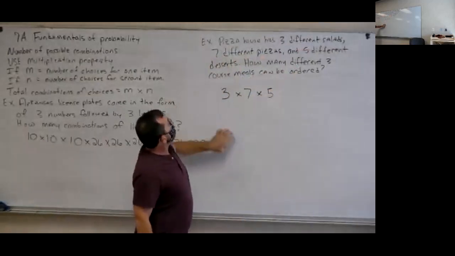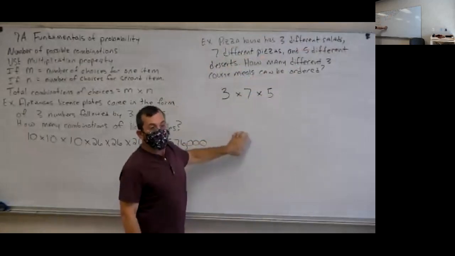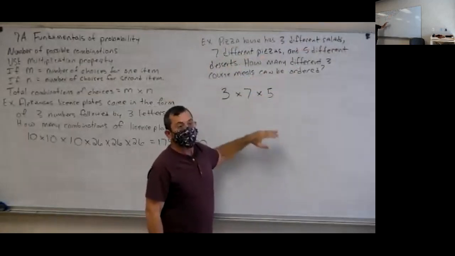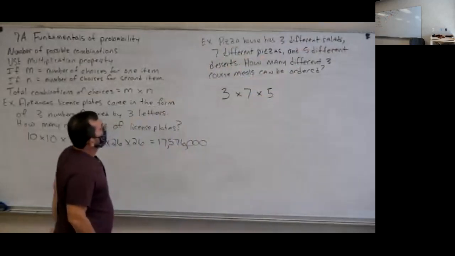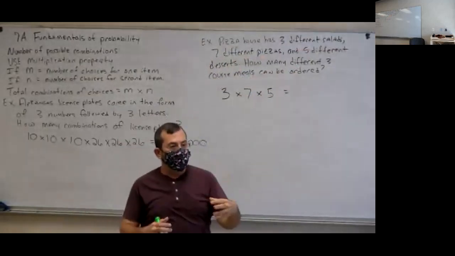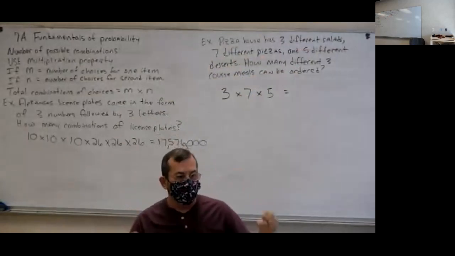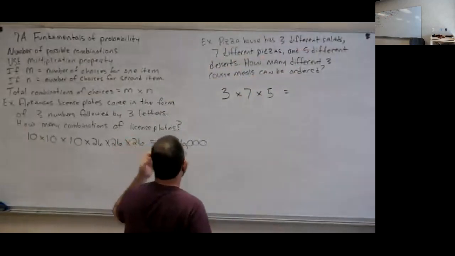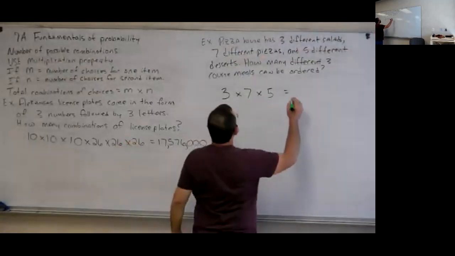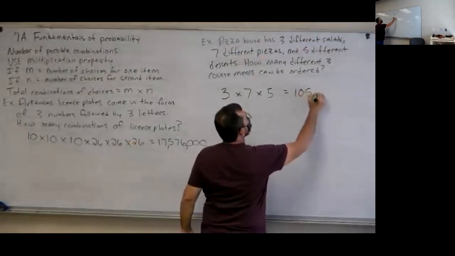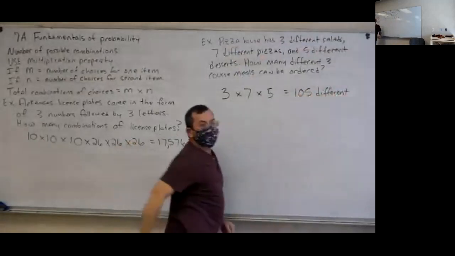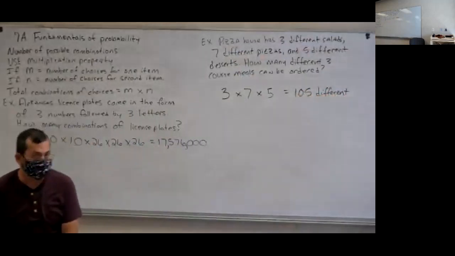So for each of the 3 salads, they could be paired with 1 of the 7 pizzas, and then those could be paired with 1 of the 5 desserts. If we multiply all these together, we get the total number of possible combinations. That's 21 times 5, so I'm getting 105 different combinations, okay?